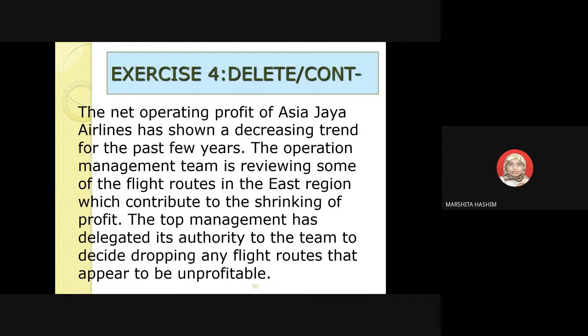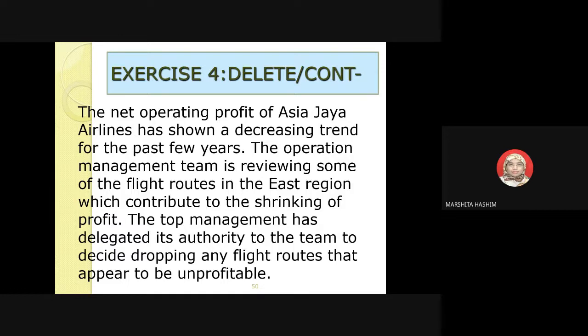Asia Jaya Airlines. We proceed with Asia Jaya Airlines. The net operating profit of Asia Jaya Airlines has shown a decreasing trend for the past few years. The operation management team is reviewing some of the flight routes in the East region which contribute to the shrinking of profit.